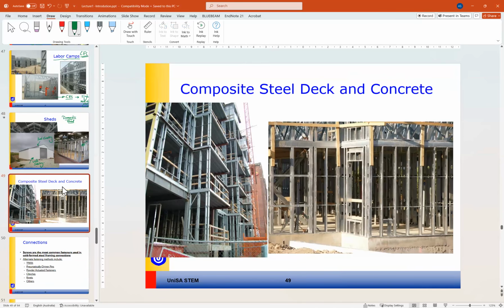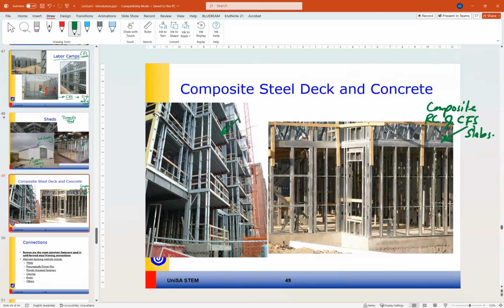And as we mentioned also, again, the deck or the slab is from composite reinforced concrete and cold formed steel slabs.